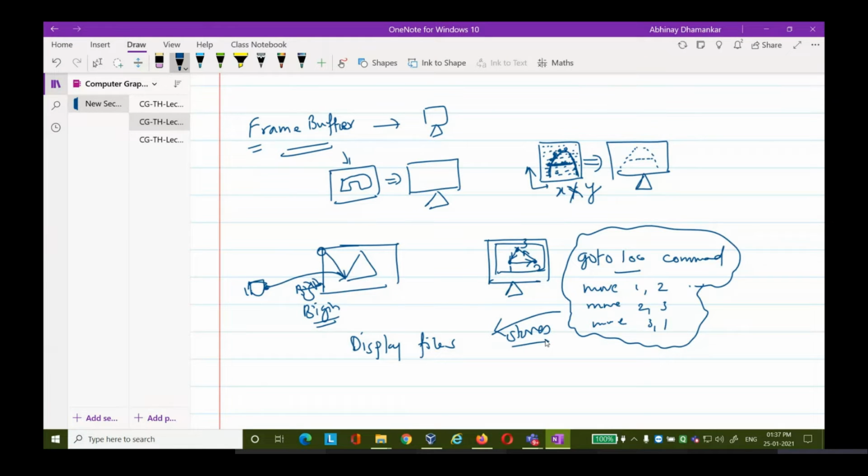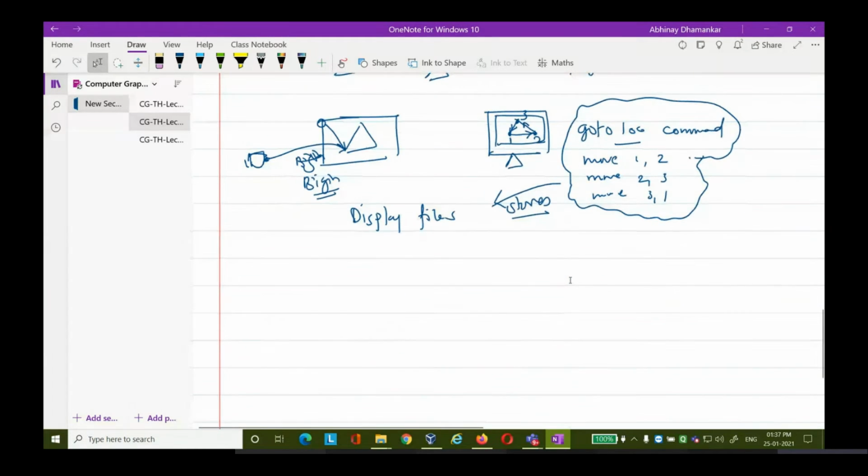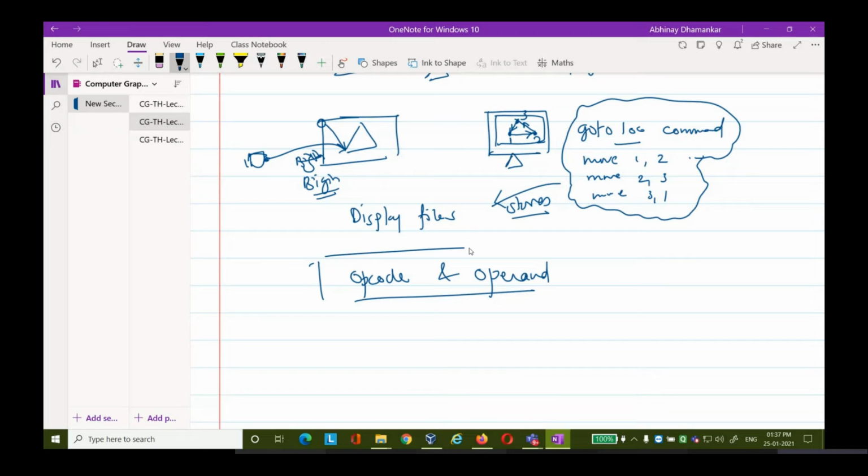Okay, now what exactly does a display file contain? A display file contains opcode and operand. ये शायद आपने माइक्रो प्रोसेसर में पढ़ा है, opcode and operand. So opcode means, कौन सा ऑपरेशन परफॉर्म करना है, right?